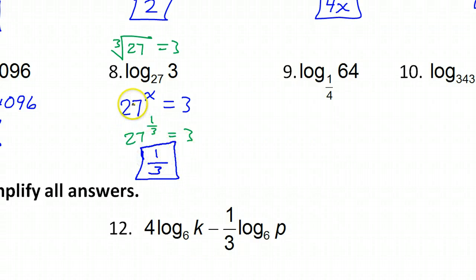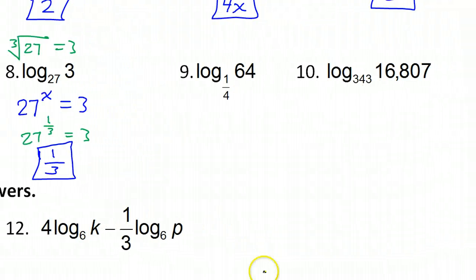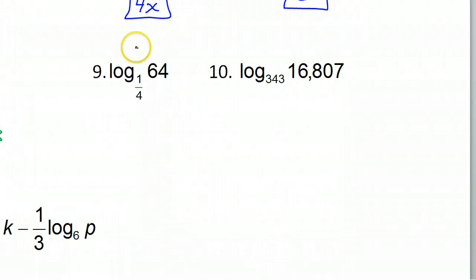Alright, so when it's turning a big number into a smaller number, it's probably going to be 1/2 or 1/3 or 1/4, because it's going to be either square root or third root or fourth root or fifth root or sixth root.